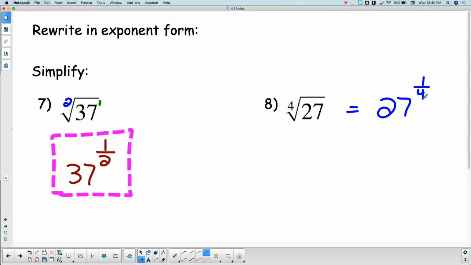It's a perfect cube. Okay? What's it a cube of? Would you agree with that? And then what do we do with the exponents? Multiply the exponents. So this would become 3 to the 3/4 power.